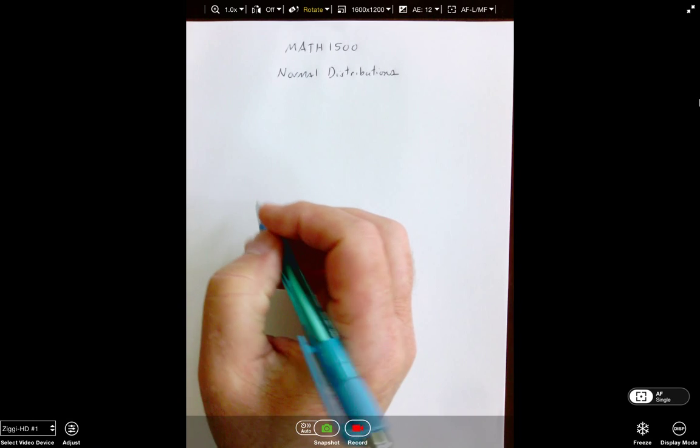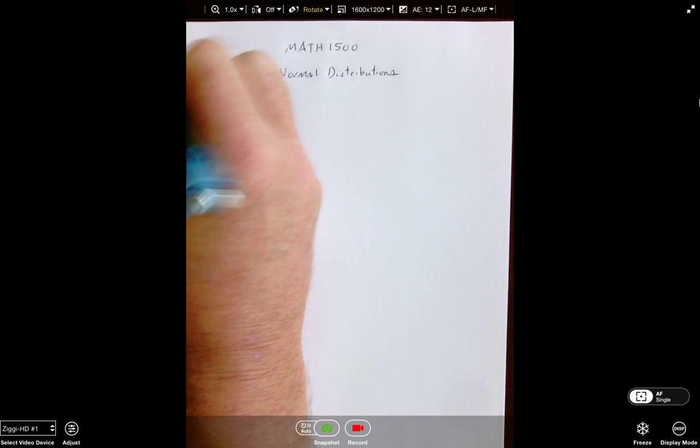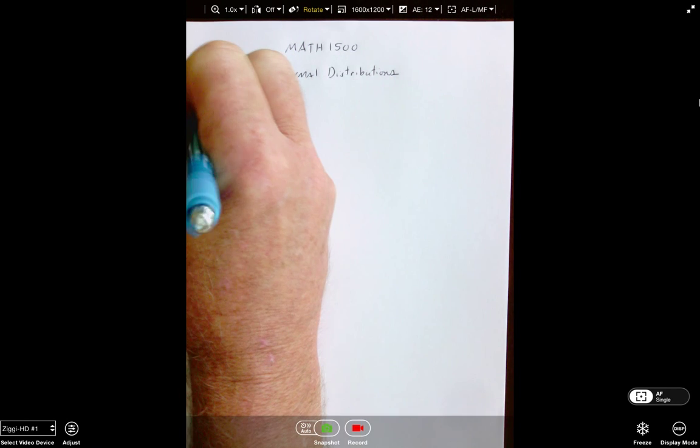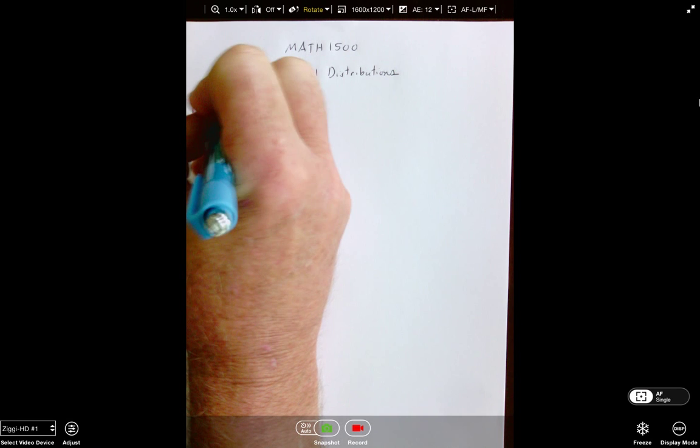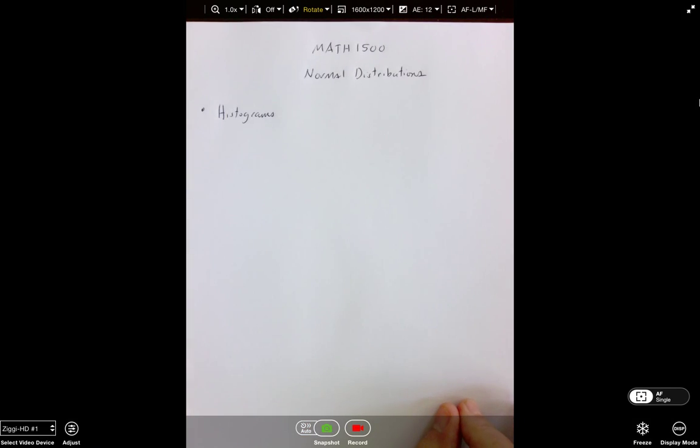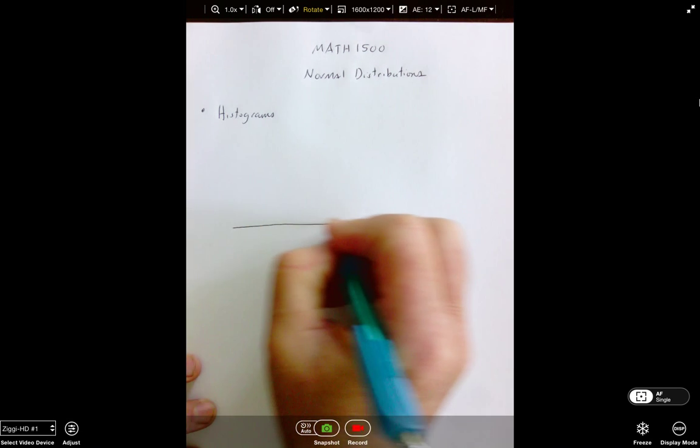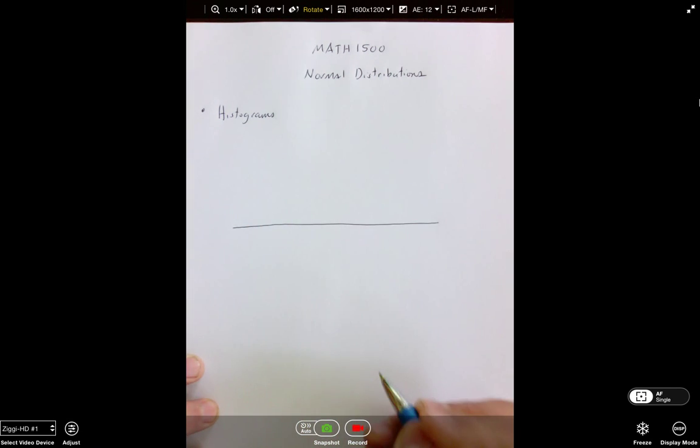But anyway, normal distributions. A couple of things to think about: they ultimately begin with a histogram. But this is a histogram unlike a sample, because you can't collect it. So imagine if we had an extremely large population of scores.